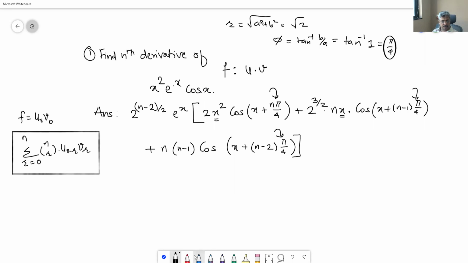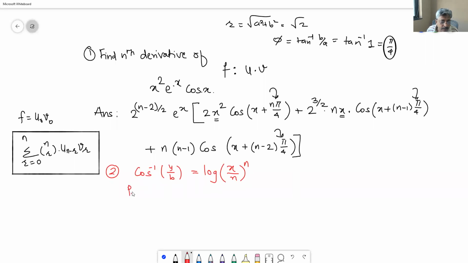Okay, question number 2. Cos inverse y by b is equal to log x upon n raised to n.